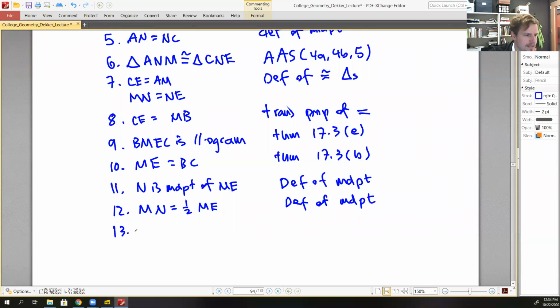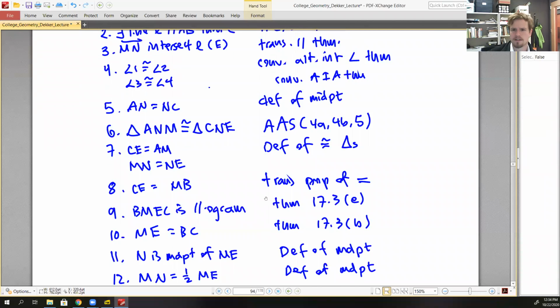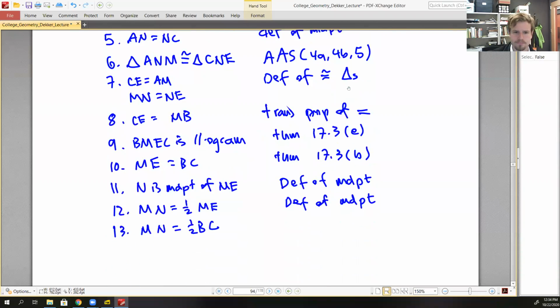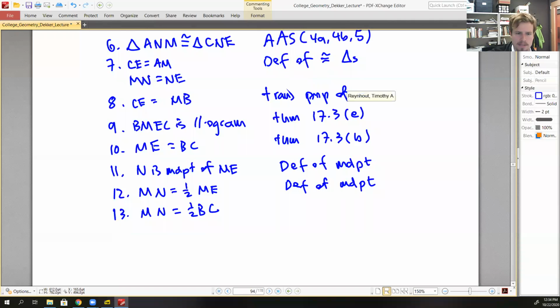So that gives me that MN is equal to 1/2 of BC. This distance is 1/2 of BC because we said that ME is equal to BC, so we can just make that substitution.